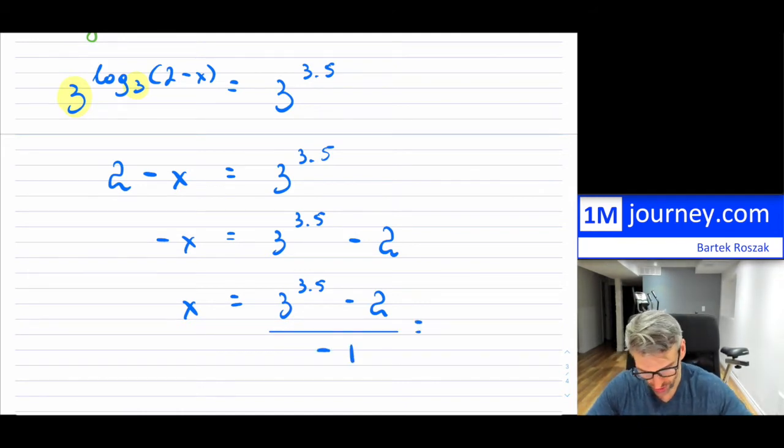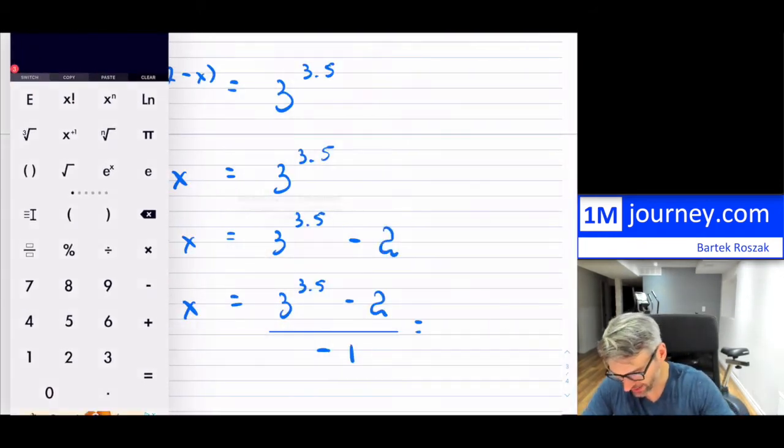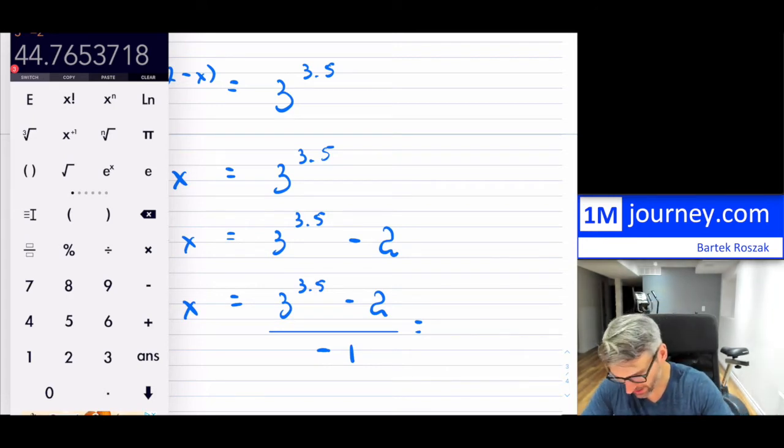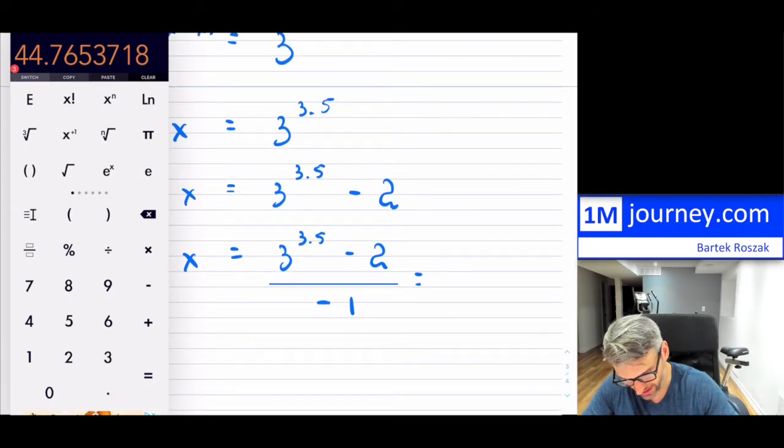Now let's see what this gives me to see if it's actually an admissible answer. So I have 3 raised to the exponent of 3.5, minus 2, so whatever that is, that's 44.76 and so on. And that answer is going to be negative because it's divided by -1.